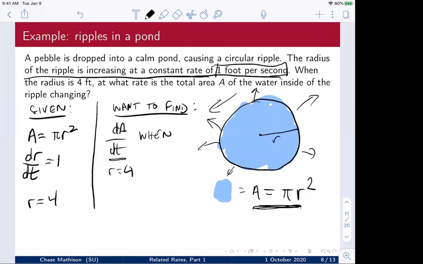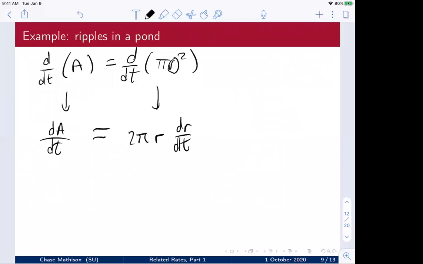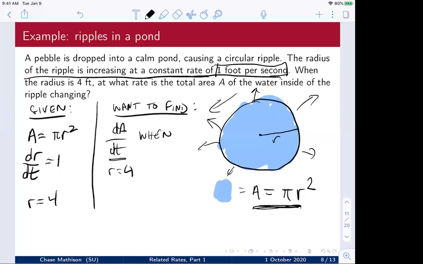And then once we're here, after you've taken the derivative, plug in everything you know. Don't simplify, plug in everything you know first. Okay, then simplify. So dA/dt, which is what we want to find, is equal to 2 times pi, that's just constant, times r.